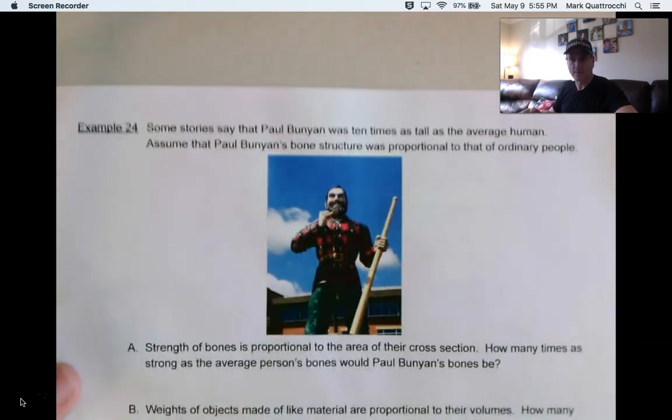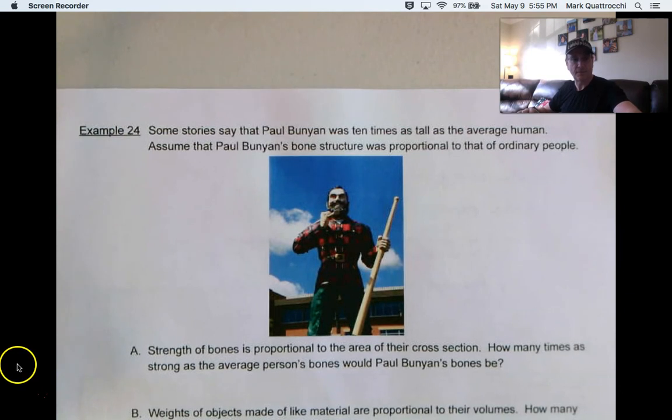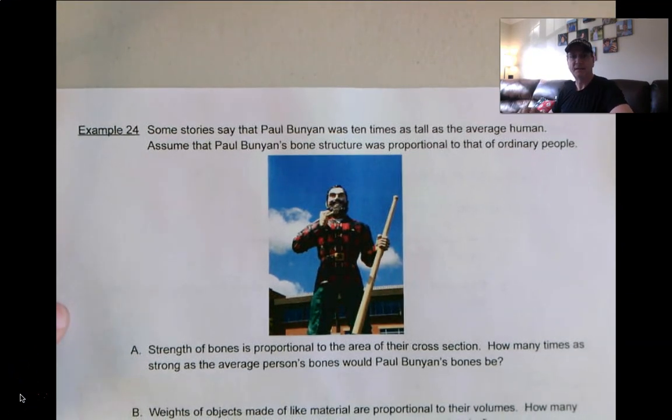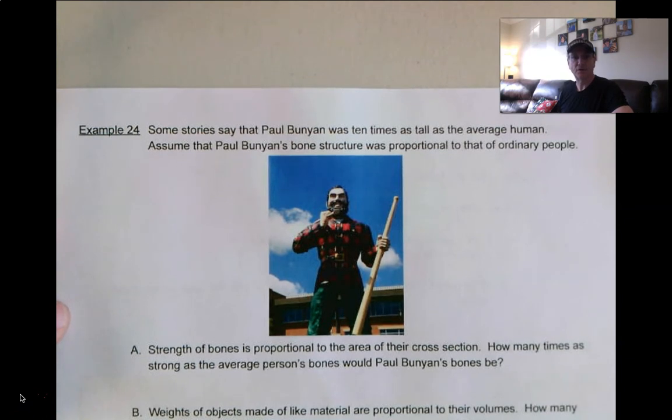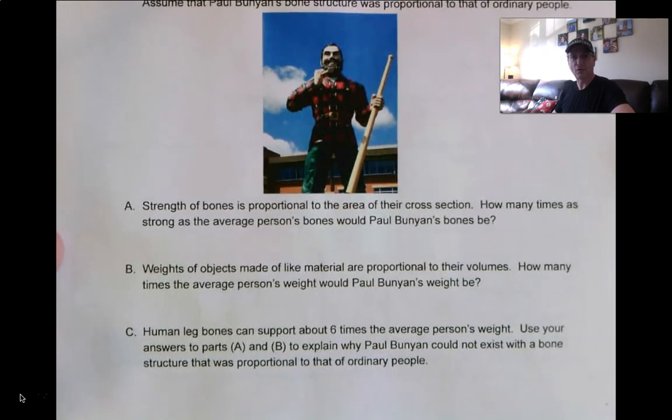Problem 24. Some stories say that Paul Bunyan was 10 times as tall as the average human. Assume that Paul Bunyan's bone structure was proportional to that of ordinary people. Strength of bones is proportional to the area of their cross-section.